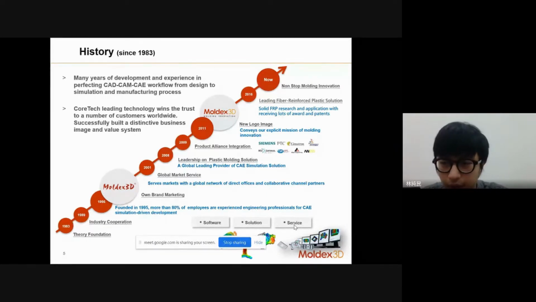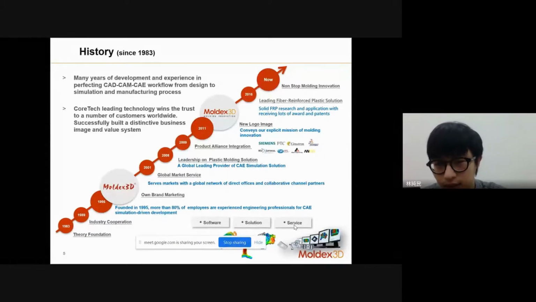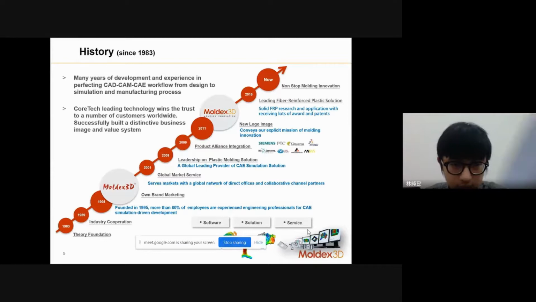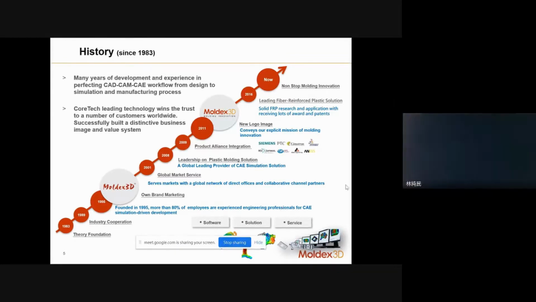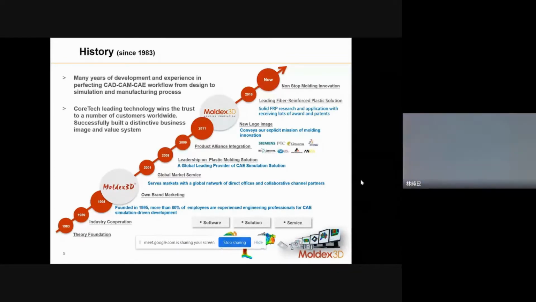So we don't know what will happen during the manufacture. So we also cooperate with our customer to develop solutions to help them solve their issue. And also you can see the service here. Why do we have the service? Just as I mentioned, the material service, because we do some material testing service to enhance the accuracy. So those three are our main product line now.